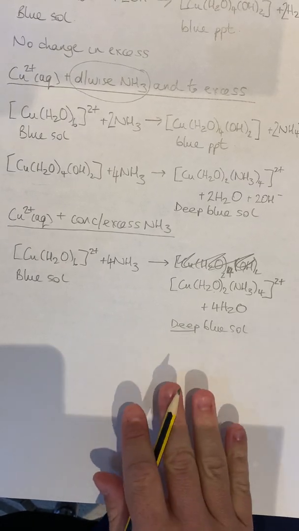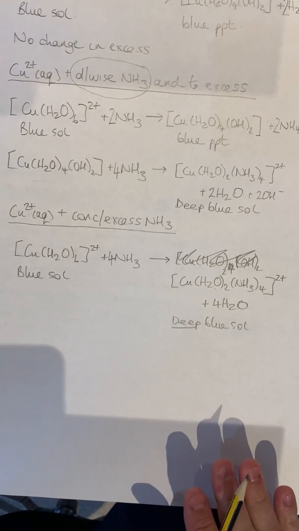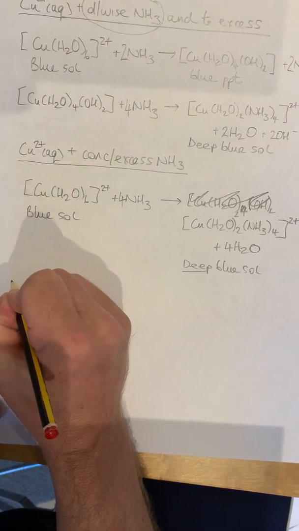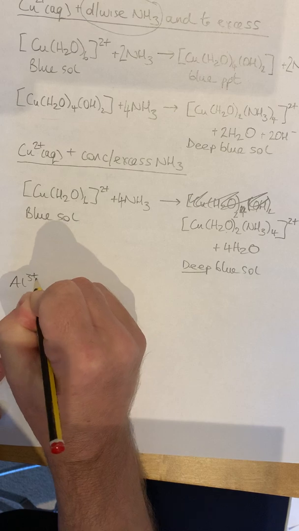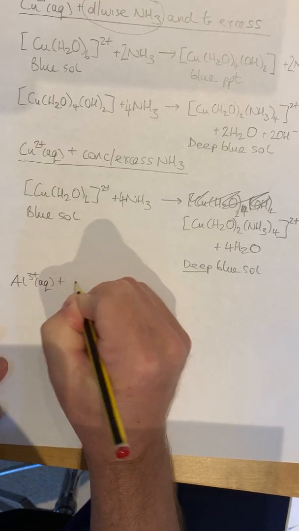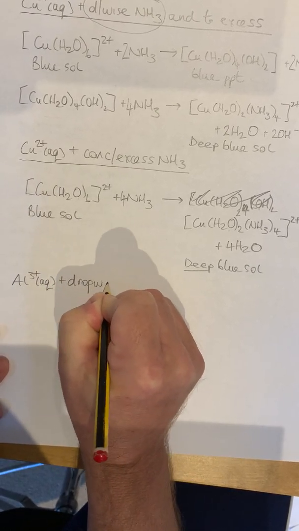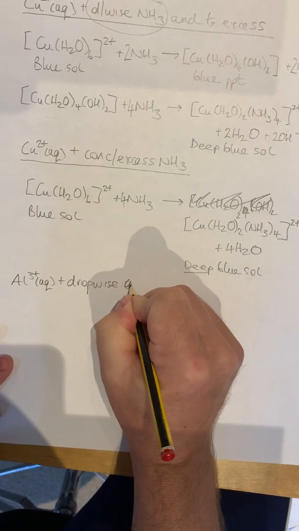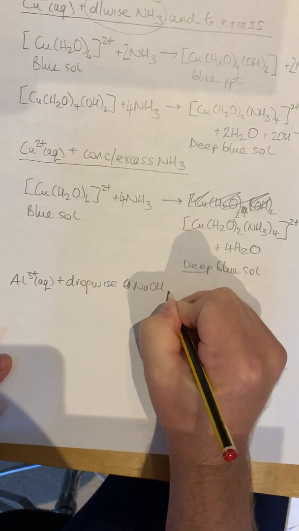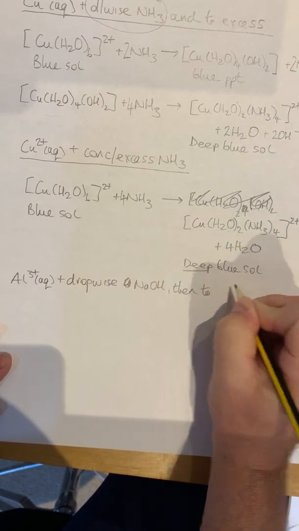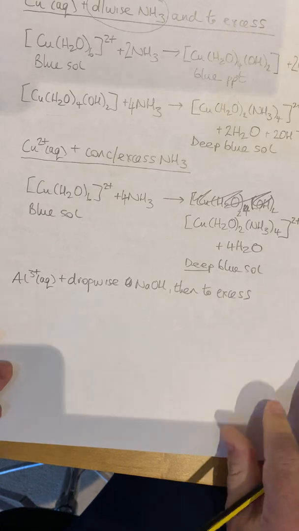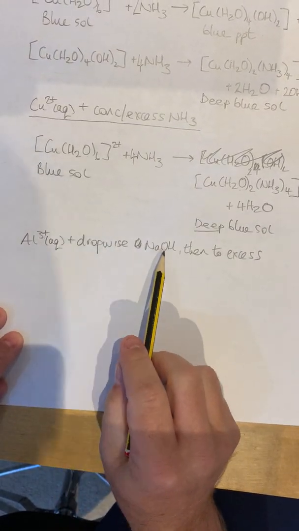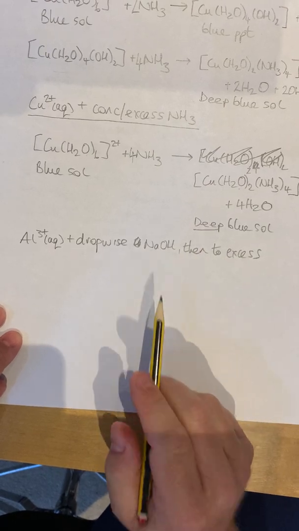The only additional one where you could have a dropwise and then to excess would be for aluminium, because aluminium is the only one that will react with an excess of sodium hydroxide.